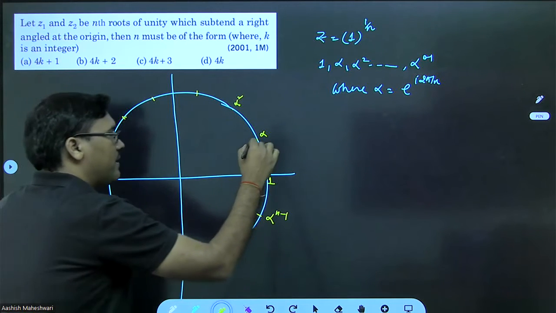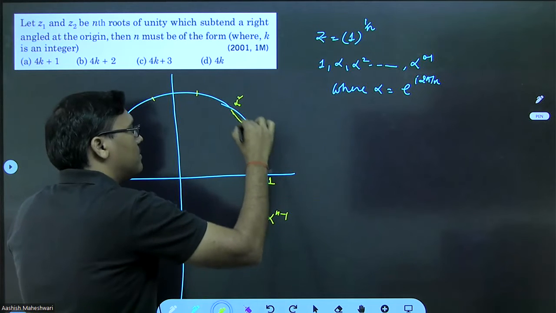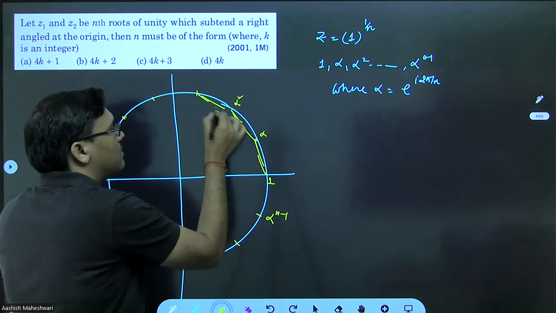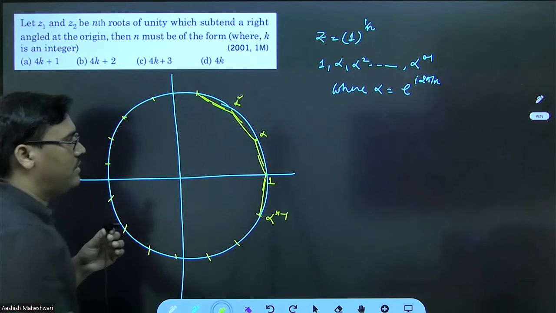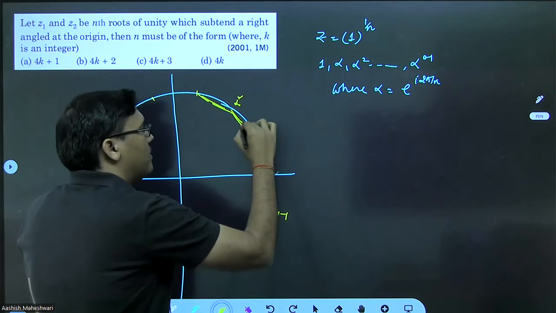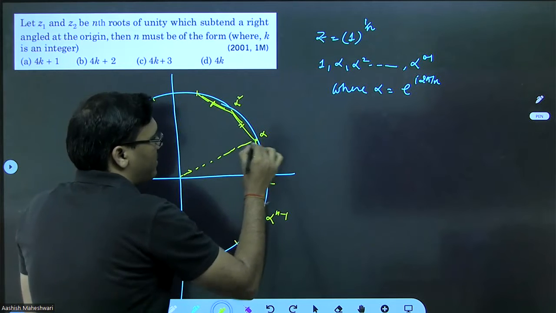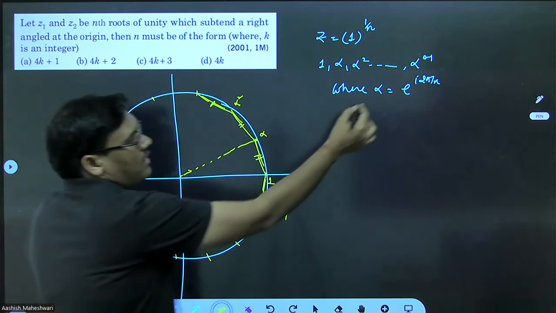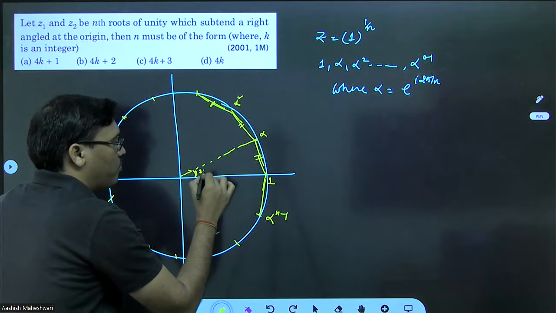Now, if I join them, this is the property which you must have done: all these will be equal. Why will all these be equal? If I join this, what is alpha? Alpha is e raised to iota 2 pi by n, so this angle will be 2 pi by n.